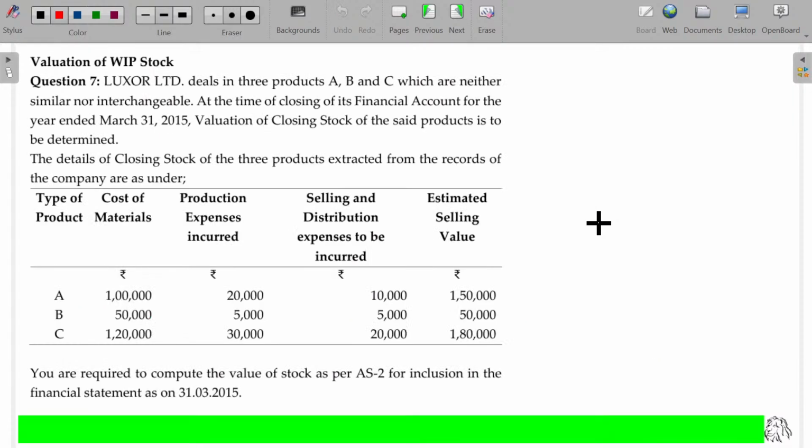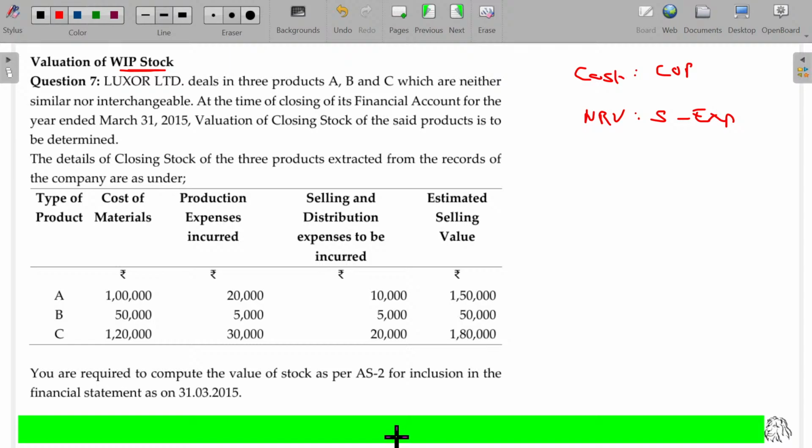Let's move on to the next one. Valuation of work in progress stock. I already told you, we solved the illustration for work in progress already. In case of work in progress, you have to find out what? Cost or NRV. Cost means cost of production will be taken.